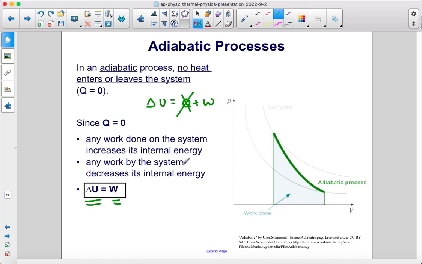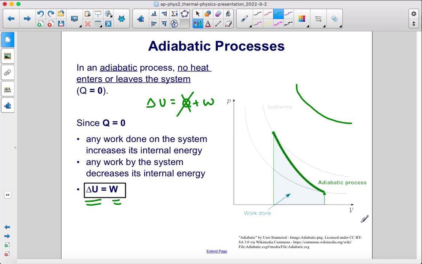Any work done by the system will decrease the internal energy. And you can see the graph of an adiabatic process is a curve, but it's steeper than an isothermal curve. So here we're going from one isotherm to a different isotherm. That's an adiabatic process. So it's not as gentle as the isothermal curve.